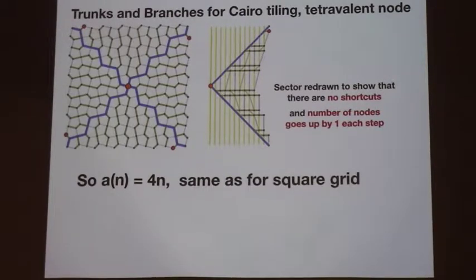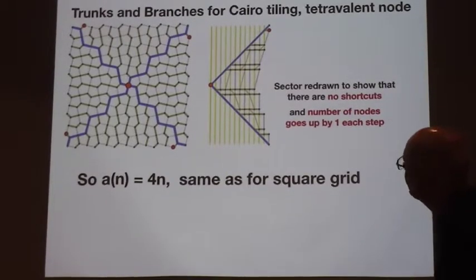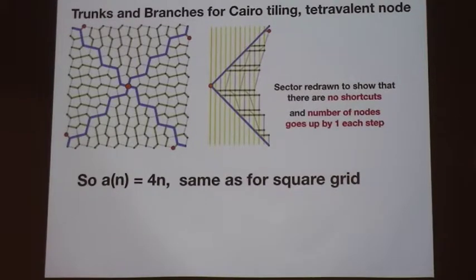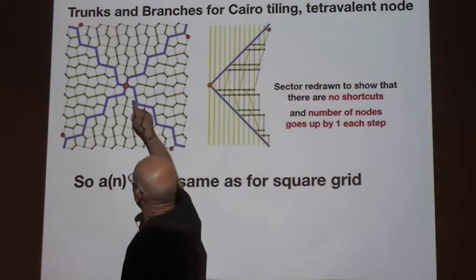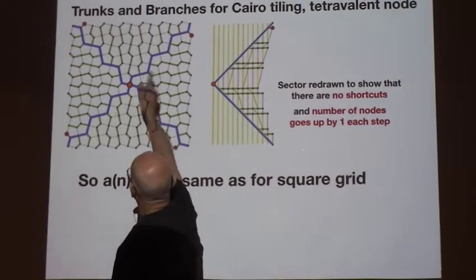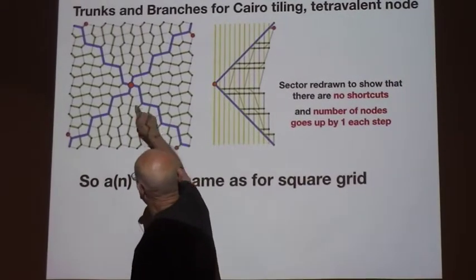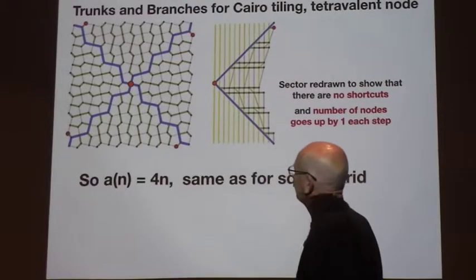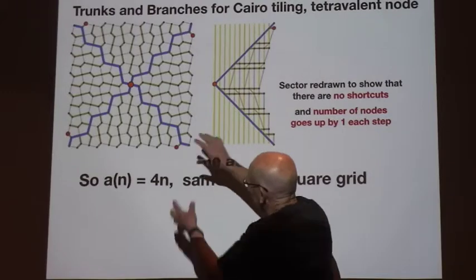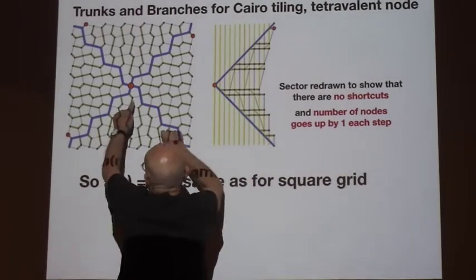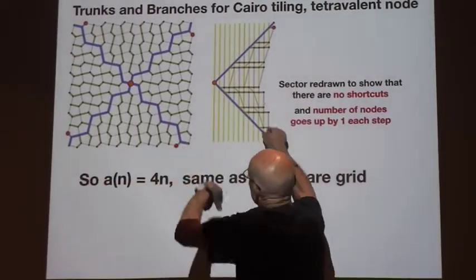This is the way we handled the Cairo tiling for a tetravalent node, a degree 4 node. And here is our graph. There are 4 trunks, and then there are these green branches. And we have to prove that it has the properties that I said. You can do that by straightening out the blue trunks.